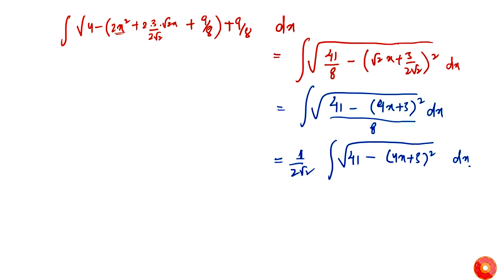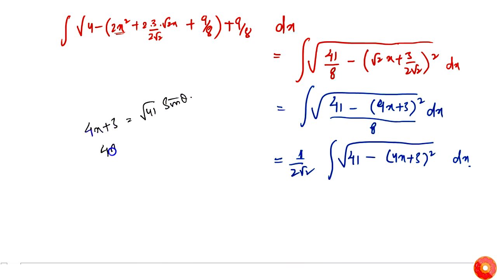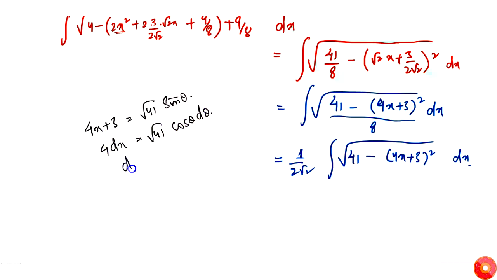Now I will make a substitution like 4x plus 3 is equal to root of 41 into sin theta, and from this I will get 4 dx is equal to root of 41 into cos theta d theta. So dx will be simply equal to root of 41 into cos theta d theta whole by 4.